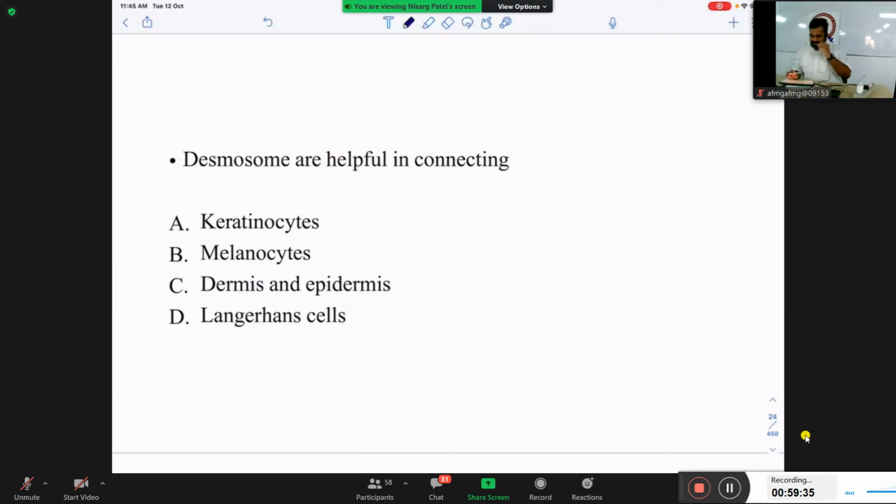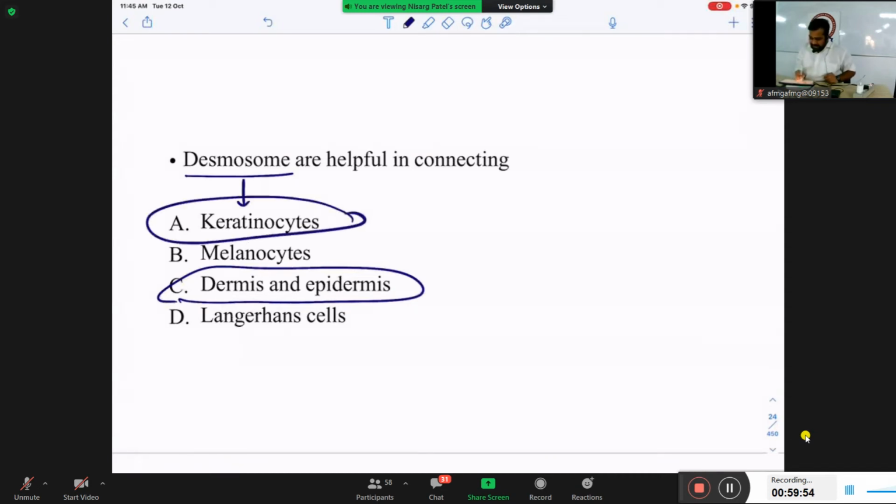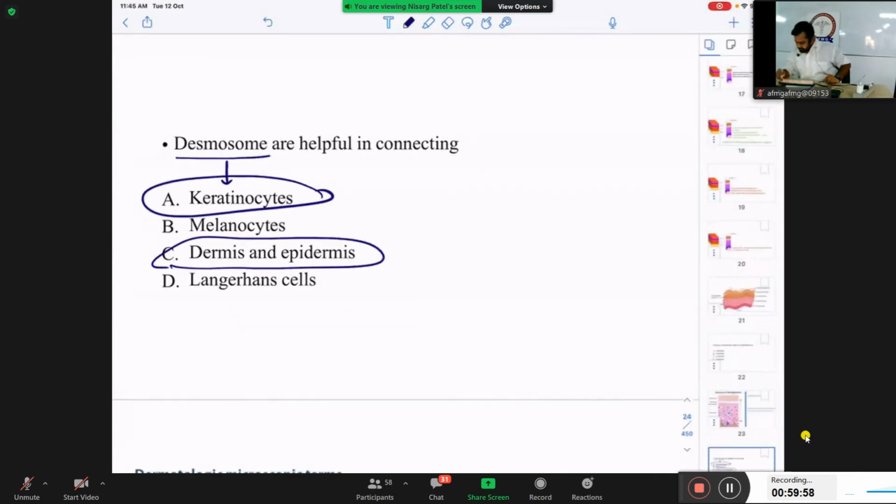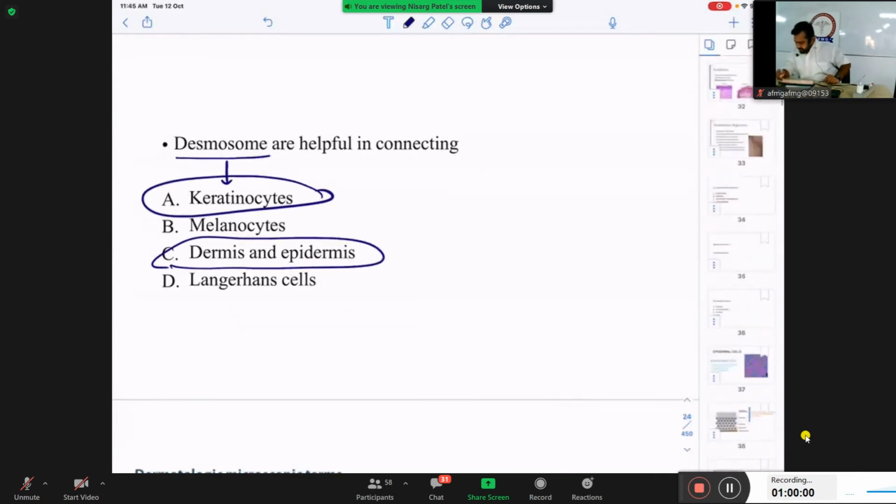Stratum corneum. Hemidesmosome is helpful in connecting the dermis and the epidermis, but desmosome is helpful in connecting two keratinocytes. Okay.